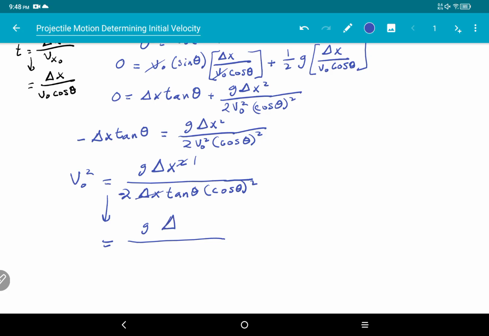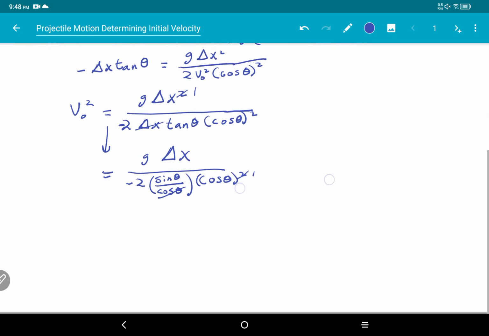So we're going to have a delta x all by itself on top. Negative 2. I'm going to put sine theta over cosine theta. That's going to be times cosine theta squared. And one of the cosines disappears, and there's a 1 here.